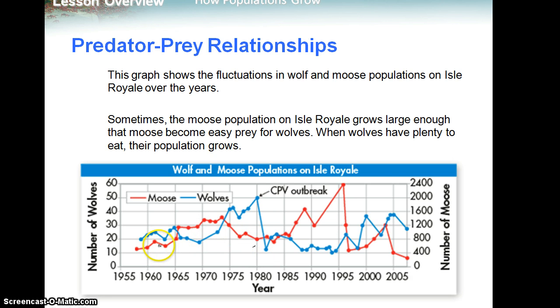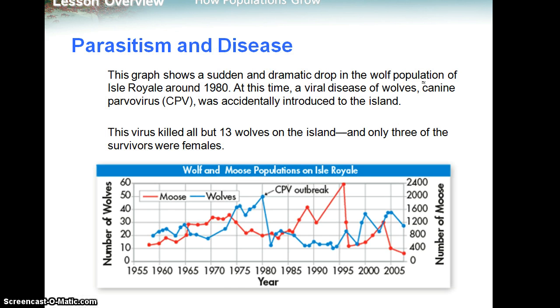So we can see as the moose population increases, then the wolf population increases. And as the wolf increases, then the moose decreases. So when wolves have plenty to eat, their population grows. This graph also shows a dramatic drop in the wolf population when there is a CPV outbreak.